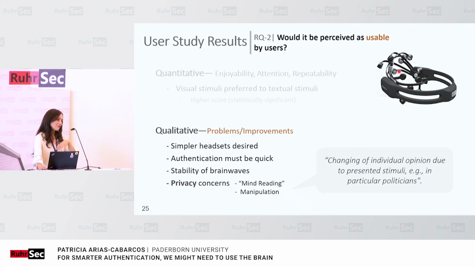And also from a different perspective, can I be manipulated with the type of stimuli that I'm being presented? So these are actually very, very valid concerns. There are works as early as 2012 in USENIX Security that show that you can manipulate the stimuli to use brain-computer interfaces as side channels to leak secret data.